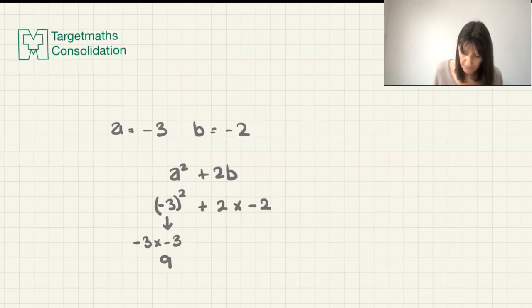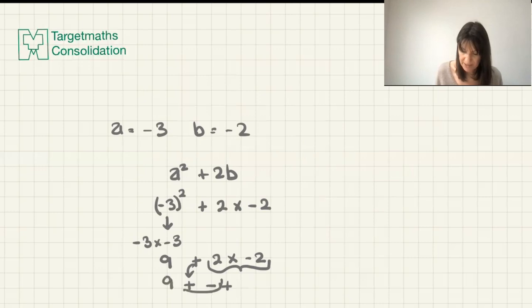I've then got plus 2 times minus 2. Remember my bidmas, I must do multiplication first, so I'm going to be doing that bit first. I've got 2 times minus 2. 2 times 2 is 4, and the minus, 1 in the question, 1 in the answer. I haven't used that plus, didn't wrap it round.